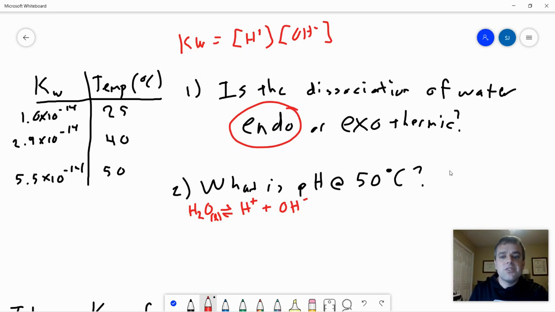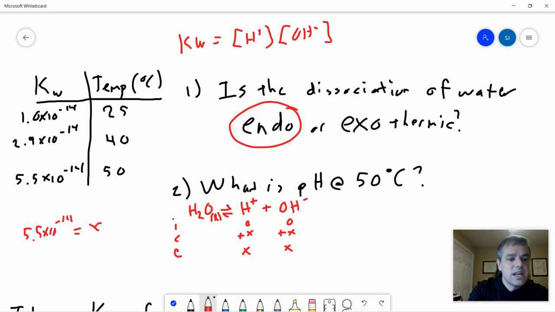So if this wanted us to know what is the pH at 50 degrees Celsius, well, if we set up an ICE chart, the H plus and hydroxide concentrations both go up by x. So they're equal to some amount x at equilibrium. And so then we say 5.5 times 10 to the minus 14th equals x times x, or x squared.